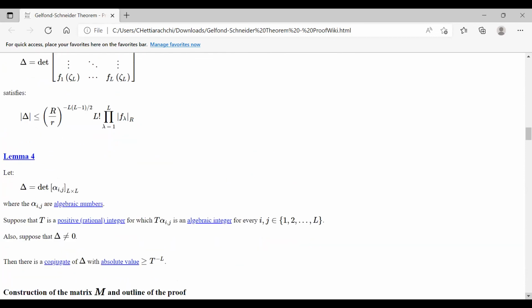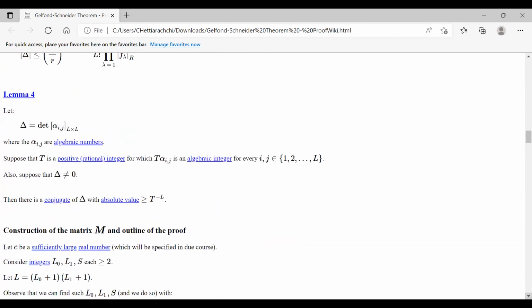Okay, so the last one is lemma 4, that's what we need. So we define delta as the determinant of the L by L matrix alpha ij, where each alpha ij are algebraic numbers. Then suppose that t is a positive rational integer.